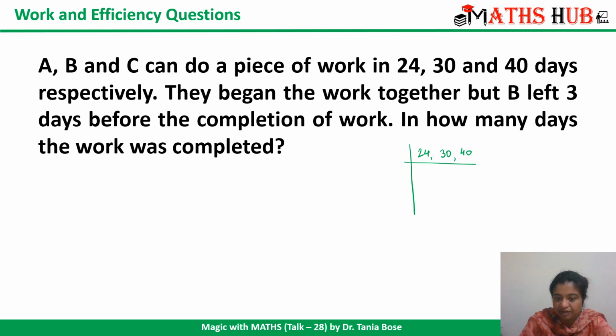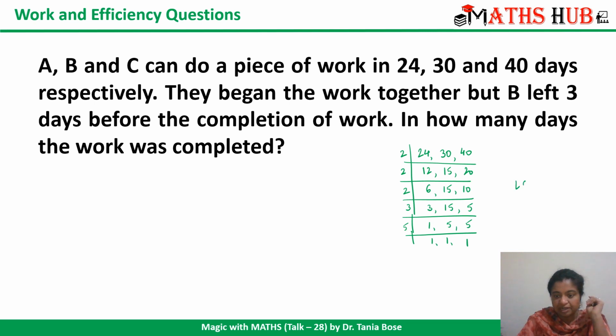We divide by 2 and we get 12, 15, and 20. Now let's divide by 2 again: 6, 15, and 10. Then again by 2, we get 3, 15, and 5. Then again by 3, we get 1, 5, 5. Then we divide by 5 and we get 1, 1, and 1.